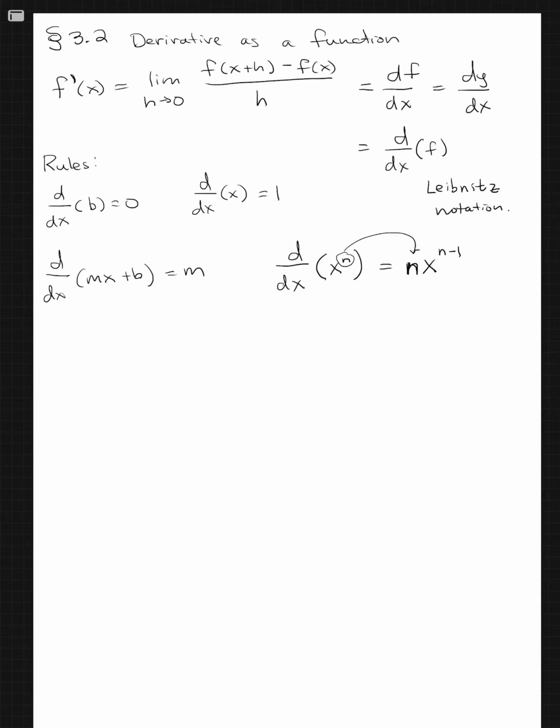If it's x to the 21st, it becomes 21 times x to the 20. So you bring the power down to the front, make it a product, and then you change the power to be 1 less, right? And recall that power functions are specifically functions that have the variable in the base, and they have a constant exponent.